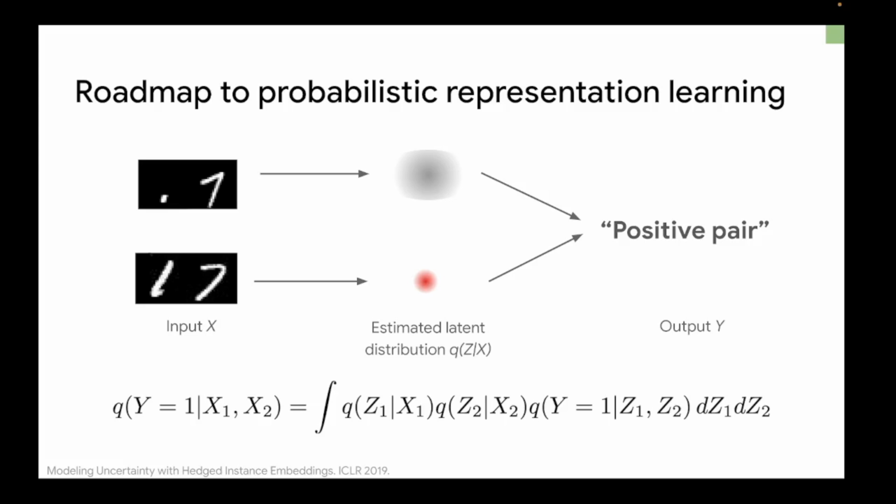So Z is a latent space with like 1,000 dimensions, and Y is a binary variable of 0 or 1. Oh, so you're not happy with using Q everywhere.